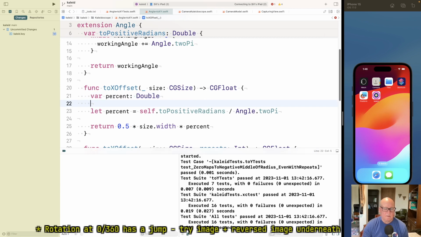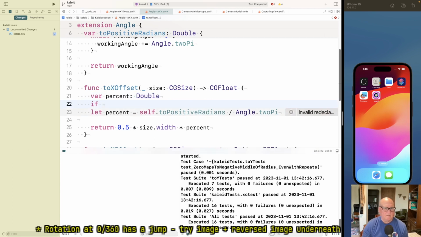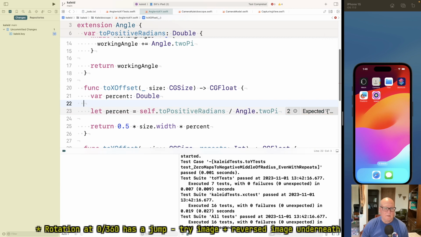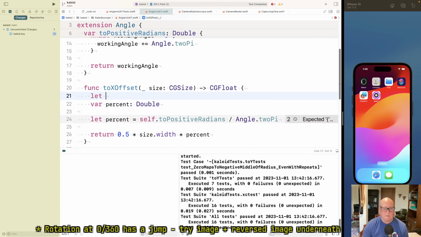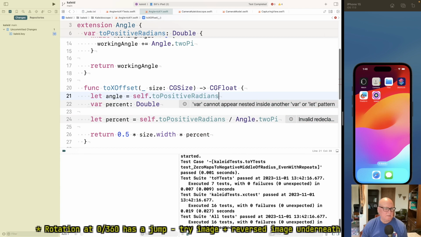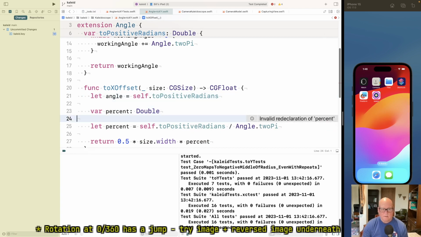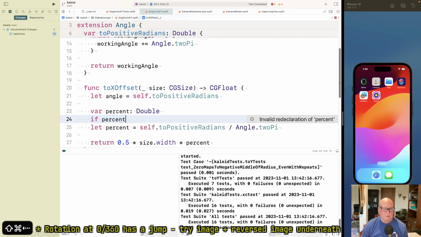So let's break this out. Okay, let's do it this way. Let angle equal self dot to positive. Okay, that's coming in. All right. If angle is less than pi, is that okay?